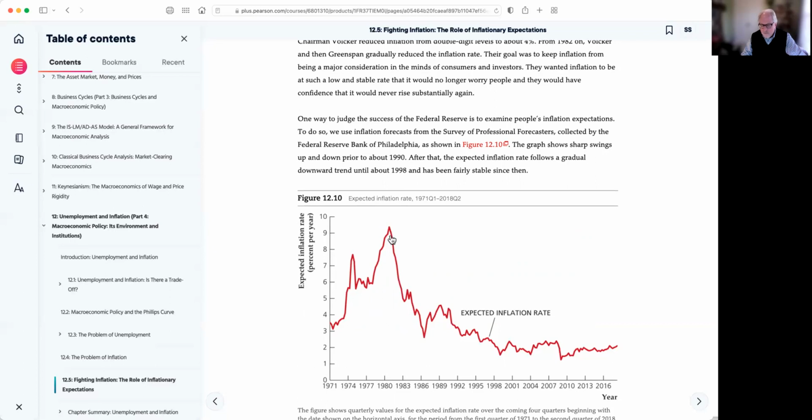And the Federal Reserve really needed to pursue contractionary policy to bring that expected inflation down. But if we had real GDP or the unemployment rate here, you'd see that that caused a significant decrease in real GDP and an increase in the unemployment rate.